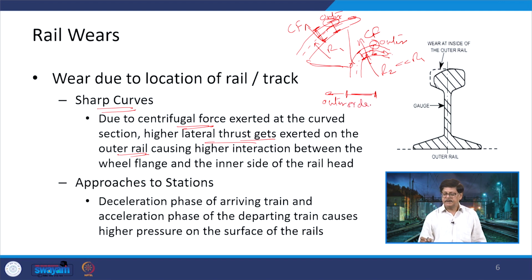So, in terms of the rail, if it is moving towards the outer side and we assume that this rail is on the curve and this is the outer rail as written here, there is going to be a wheel which will be moving.